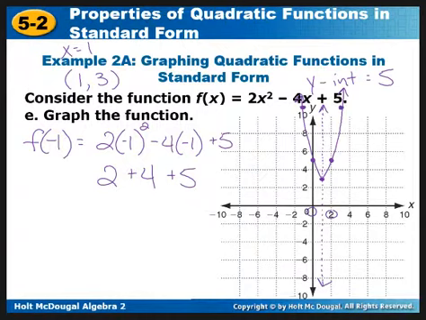And you can see based on that, this number out here, my 2, again, in the first section we compared everything to the parent function, f(x) = x squared. In this case, I'm just focusing on not necessarily comparing to that, but we can still compare if we want to. So 2 represents a vertical stretch by a factor of 2.